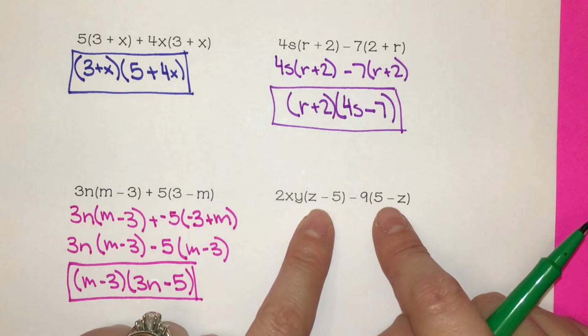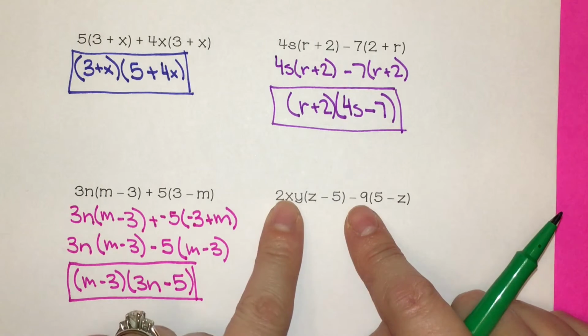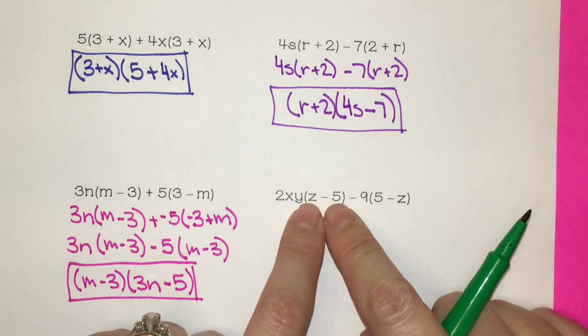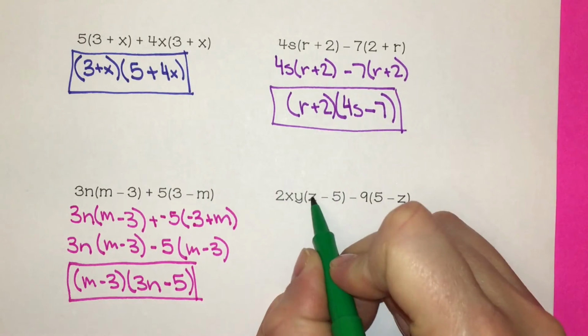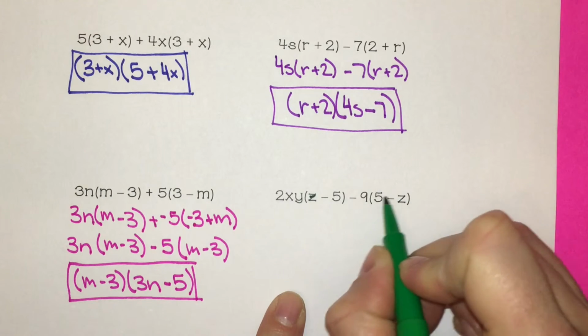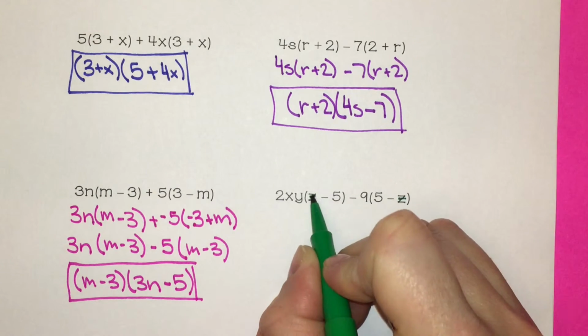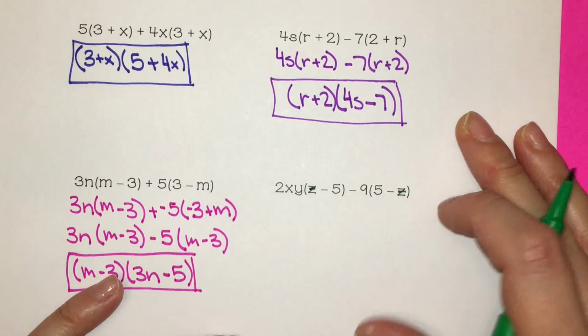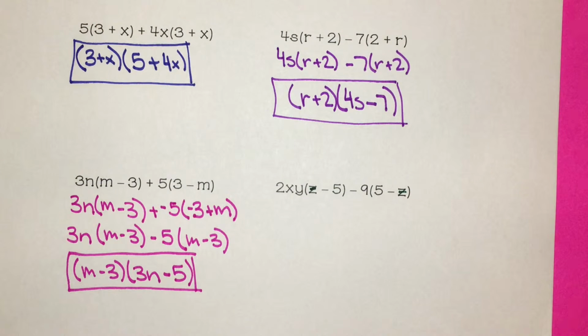So again, I can't factor anything out of the parentheses because it's as simple as it can get. There's nothing I can factor both z and 5 by, and this is a z. I'm just going to put a line through it so you don't confuse it with a 2. When I write 2's and z's in math, I do put the line through the z because it's so easy to confuse with a 2, and when you're solving, if you accidentally change it to a 2, well, then your whole answer's wrong.